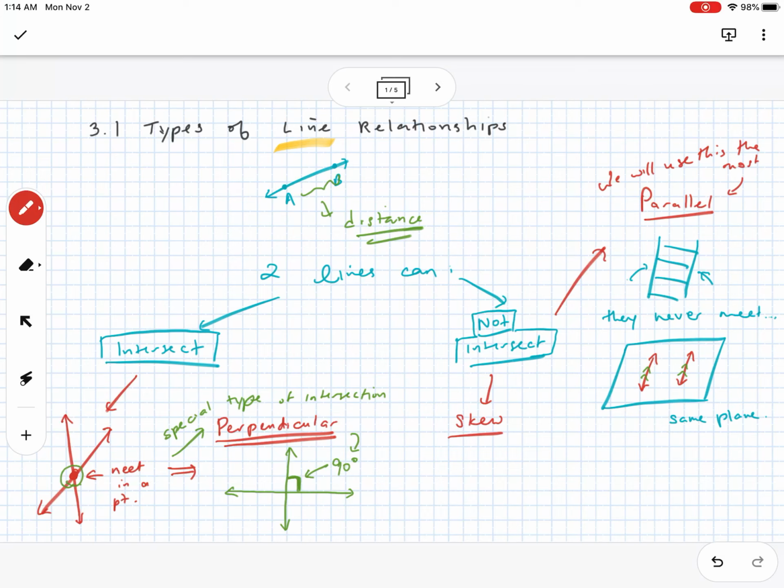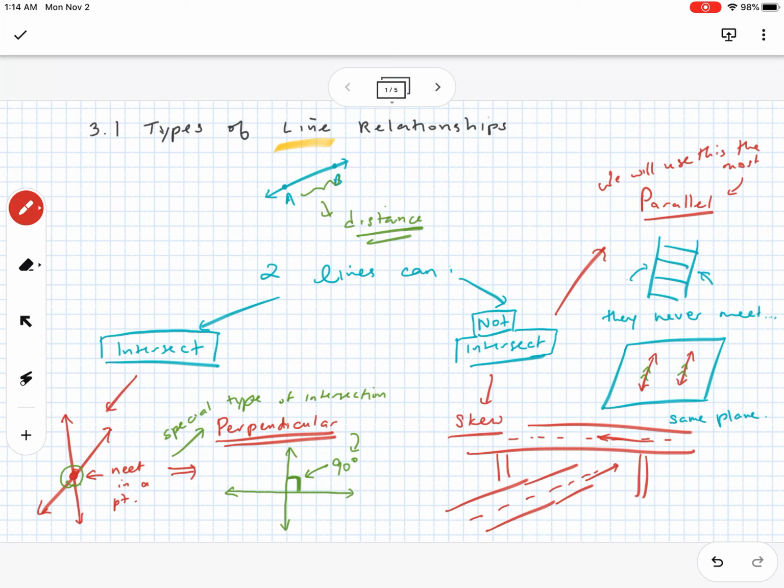Skew is not as commonly talked about, but I think it's important to know what it means. And the best way I can think about it is when you are on a street, for example, and then over the street there's like this bridge, and then there's like another, let's say a freeway or a highway above it. And do you notice that when you drive your car underneath the bridge, there's also cars that are going over you?